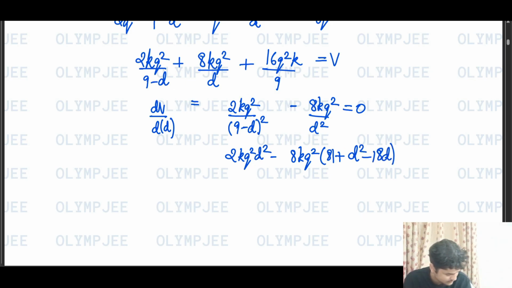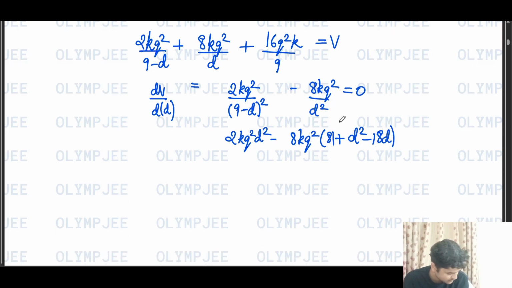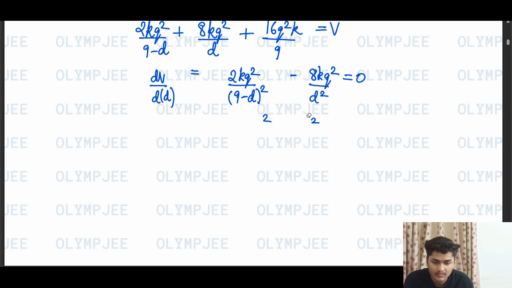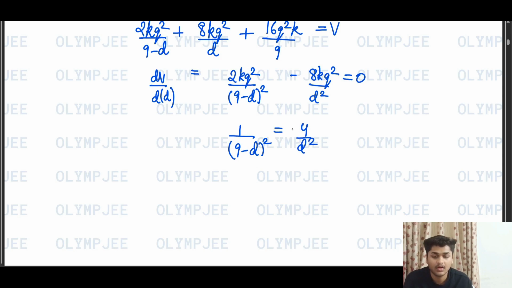Instead of doing this, we can simply do this. I can take this term there, so this will become 1 by 9 minus D whole square is equal to 4 by D square, and then I can take the root.